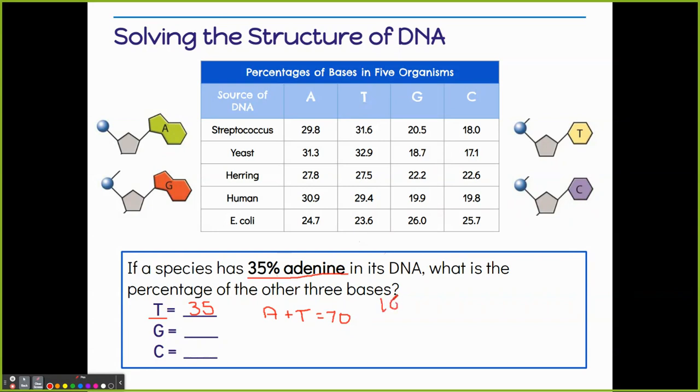So that means 100 minus 70, I have 30 left over. And that 30 has to get split between my G and my C, and it has to be split equally. So 30 divided by 2, G is going to be 15, C is also going to be 15.